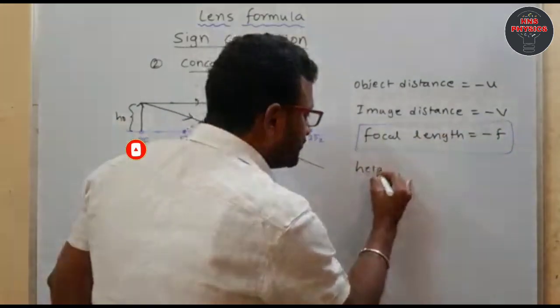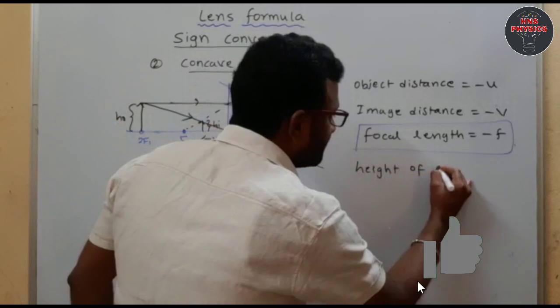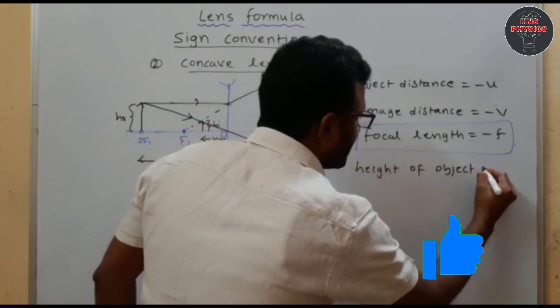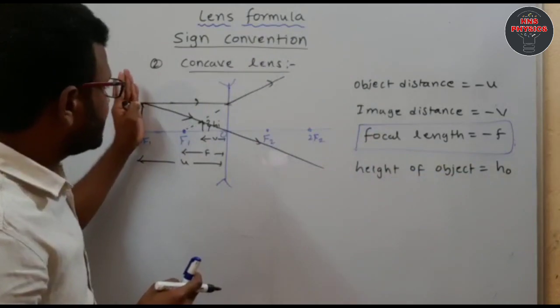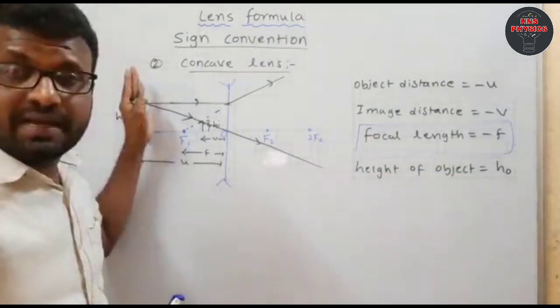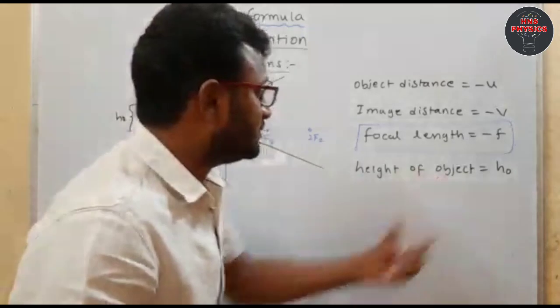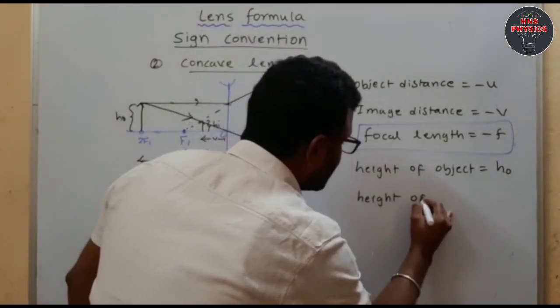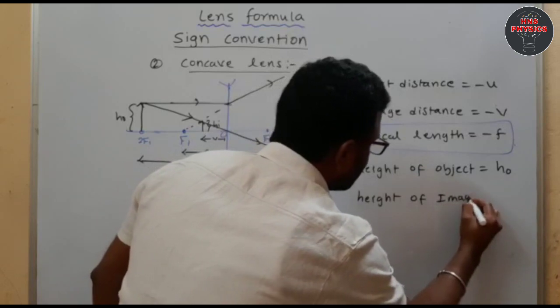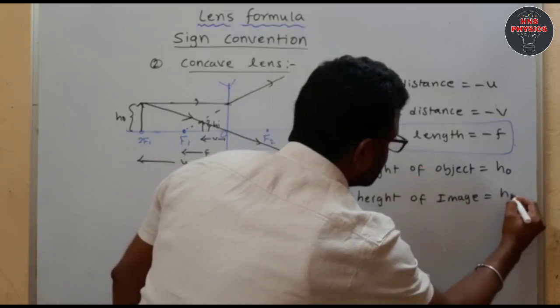Next, height of object is positive, because all vertical distances measured above the principal axis are positive. Height of image is also positive.